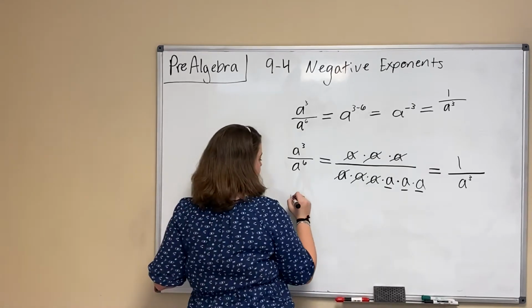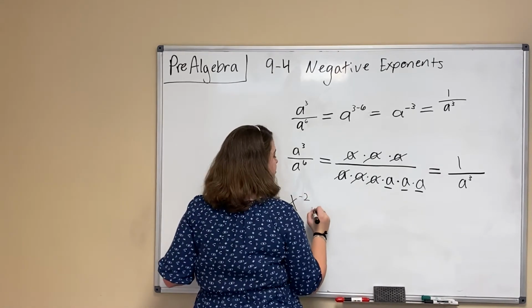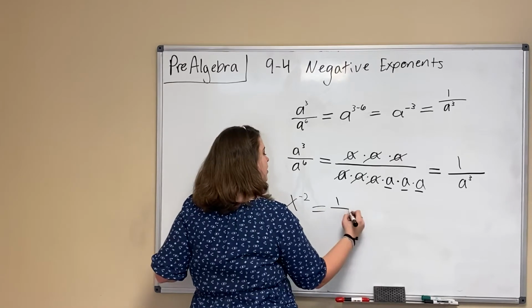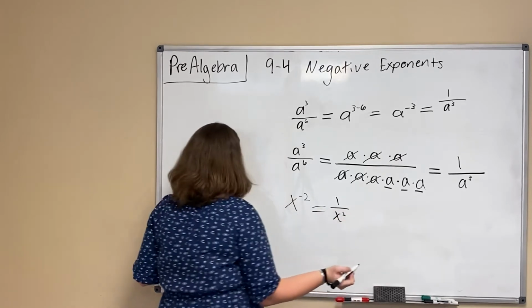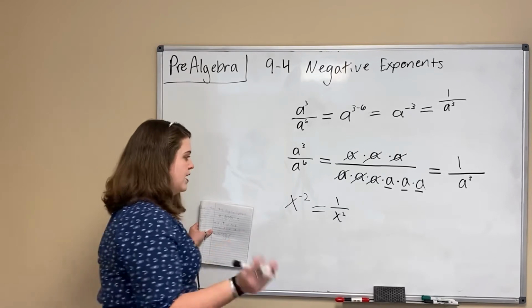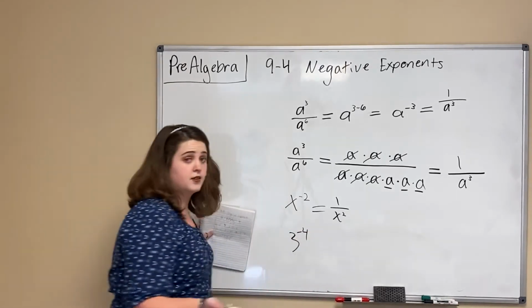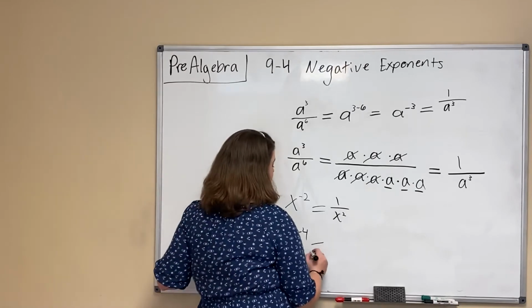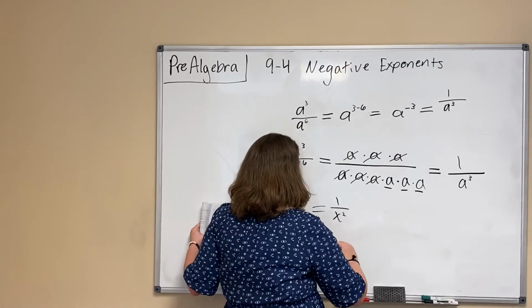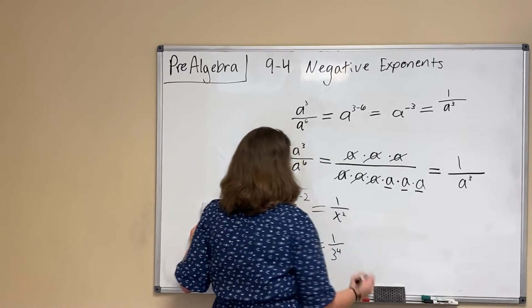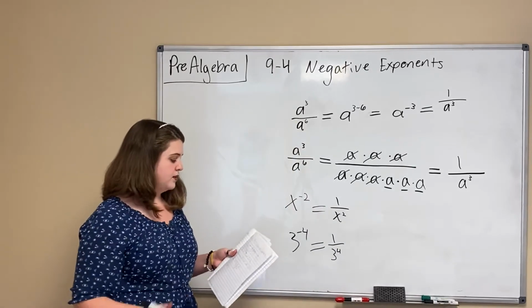Anytime, no matter what it is, if you see x to the negative 2, you know that equals 1 over x squared. If it was a number, if I had 3 to the negative 4th, I know that that is the same as 1 over 3 to the 4th, no matter what it is.